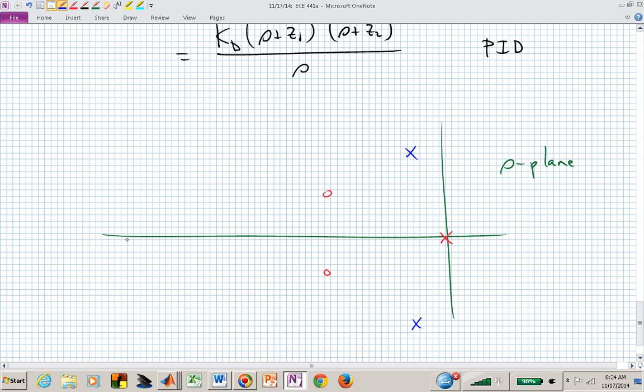So I actually have, what's my pole zero excess? 1. So I've actually reduced my pole zero excess with this ideal PID controller. I've introduced one pole and two zeros.